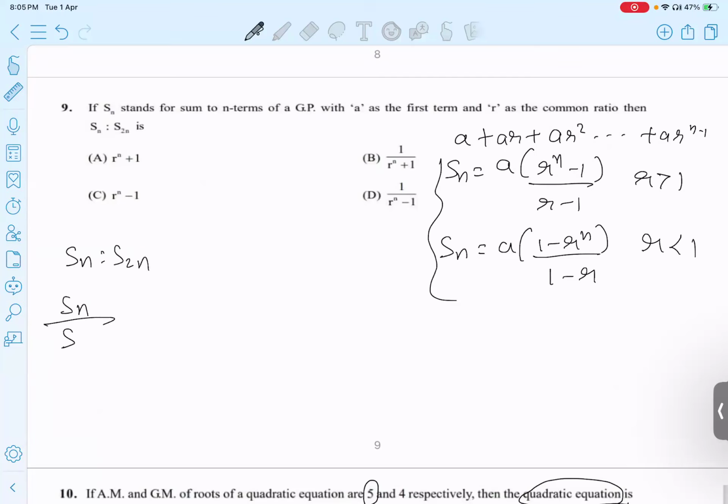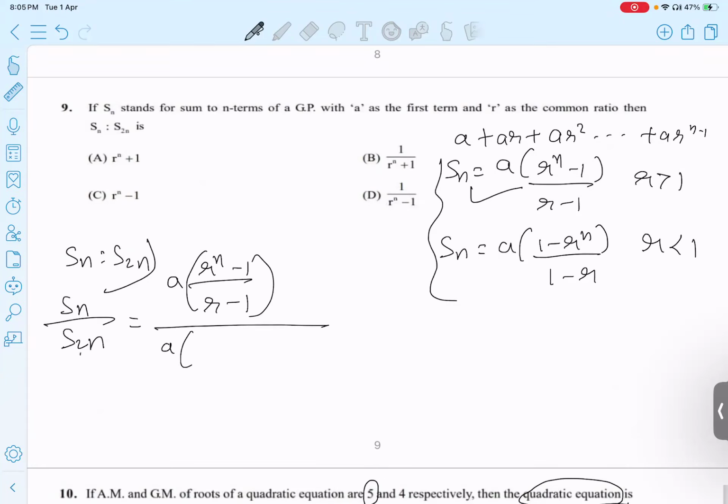to find the ratio of this, that is Sn by S2n, which can be written as a into, if I'm using this one, then it will be (r to the power of n minus 1) by (r minus 1). Similarly, S2n will be (r to the power of 2n minus 1) by (r minus 1). a and r minus 1 will cancel.